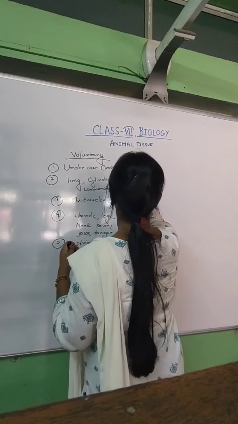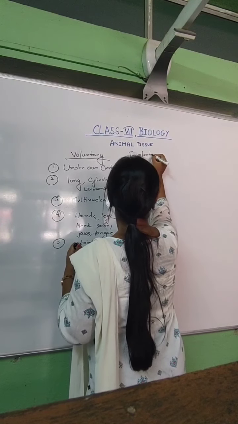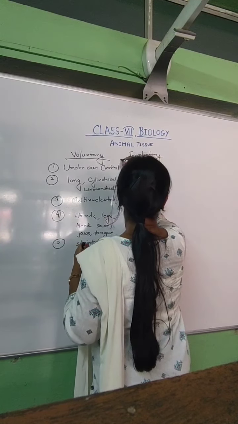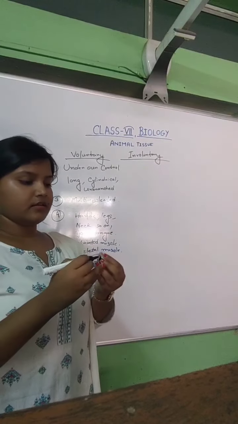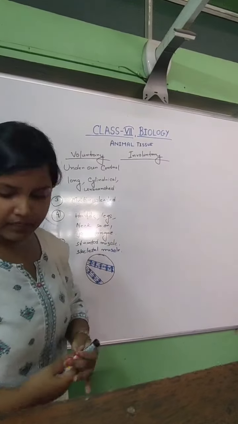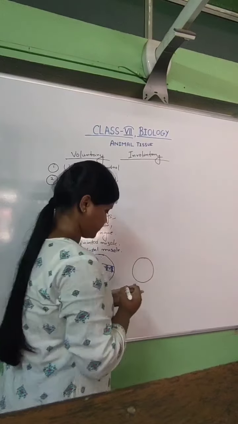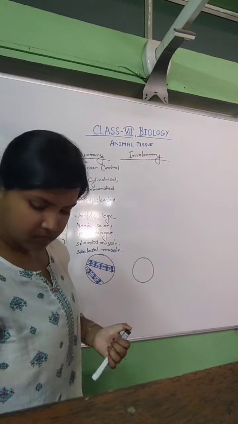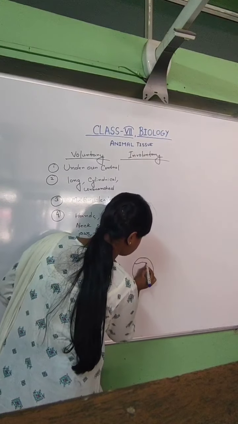Now coming to the involuntary muscle. The name says that it is the opposite. So what does this mean? It means it is against your will. Let me draw it first. It looks like a spindle cell.